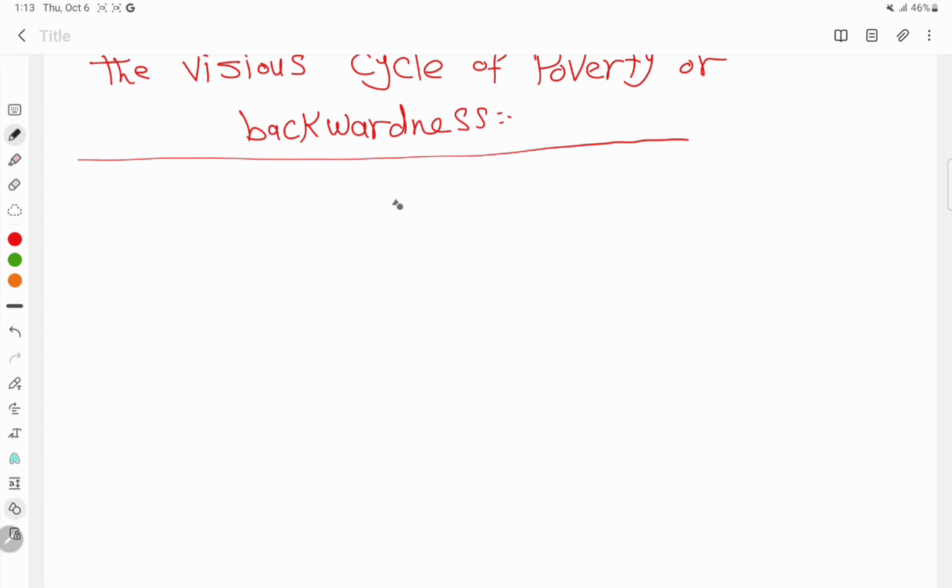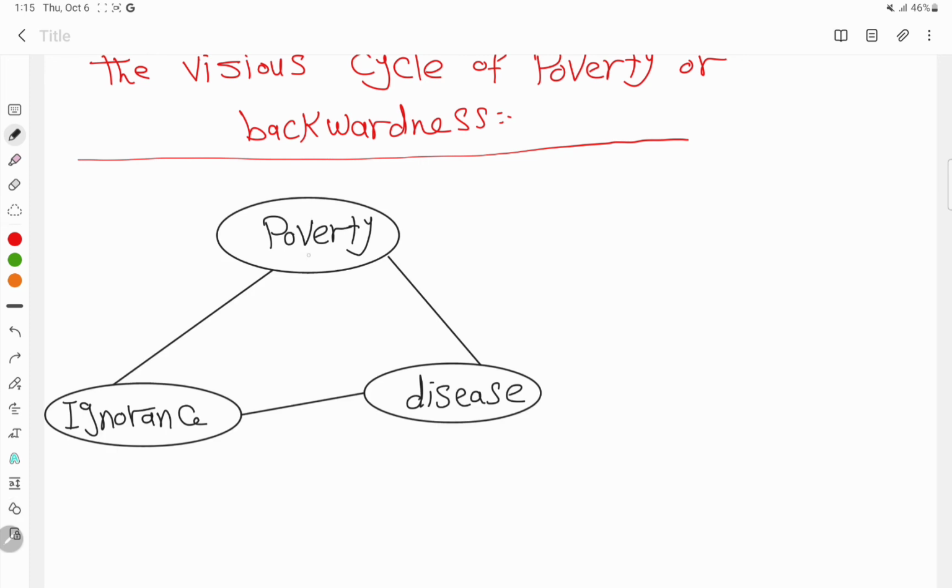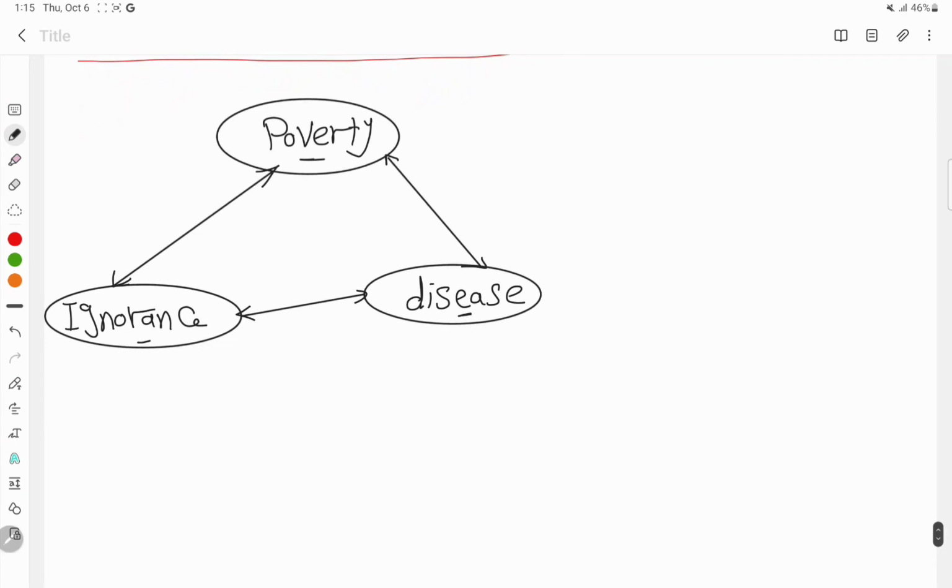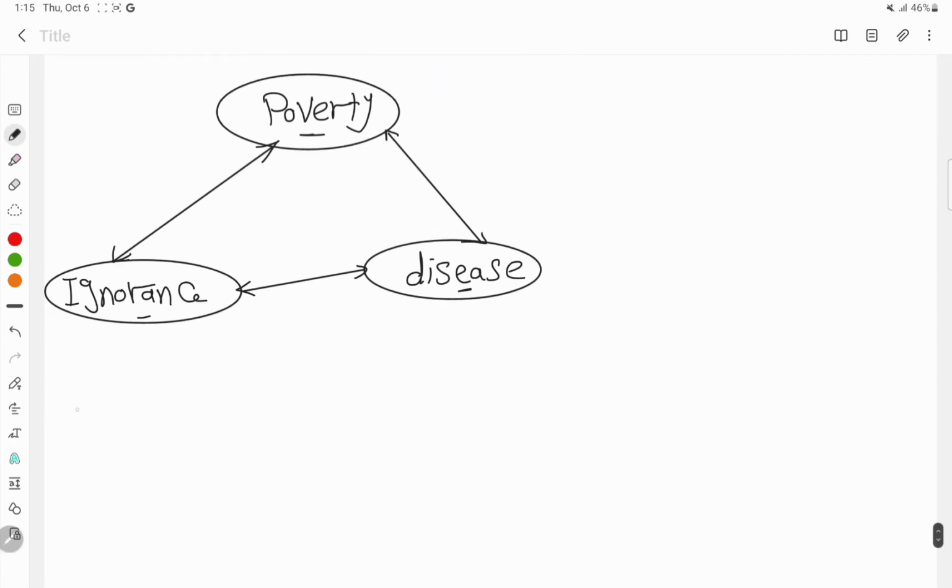Number one is poverty, number 2 is ignorance, and number 3 is disease. That's the vicious cycle of poverty. So we will explain the vicious cycle of poverty.